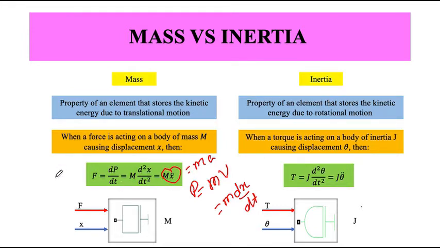So this is a direct one-to-one relationship between force and torque. Force is m into acceleration, torque is J into theta double differentiation. Over here it's displacement double differentiation, over here also displacement double differentiation.